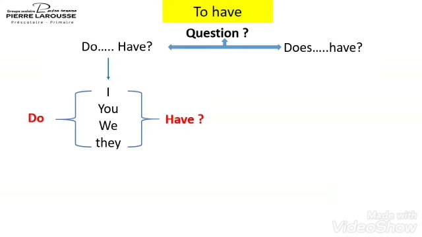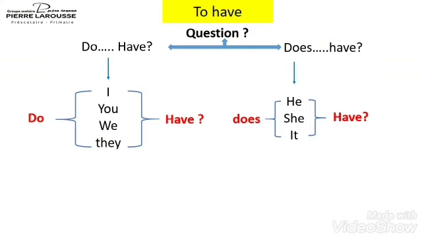Let's see does. Does he have? Does she have? Does it have? So we change only does and do. We use do with I, you, we, and they. And we use does with he, she, and it.